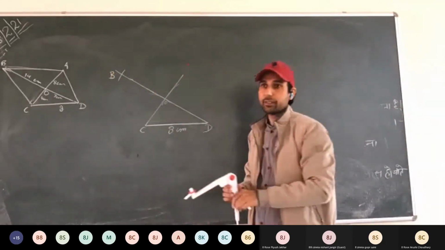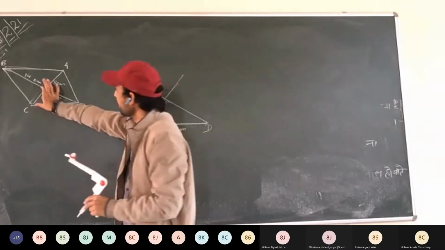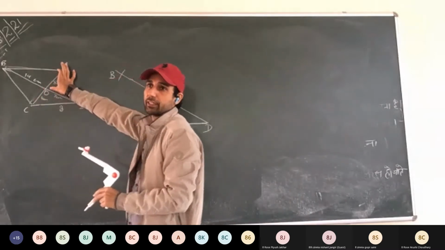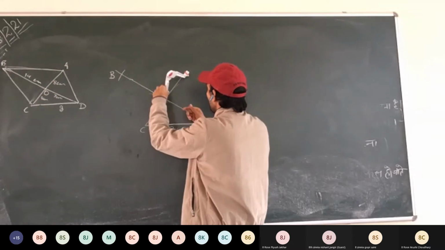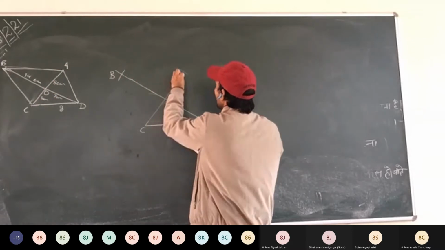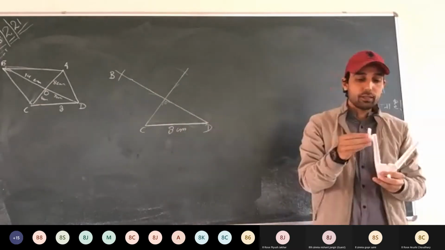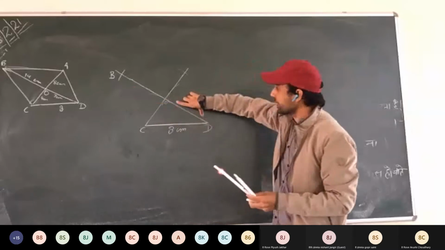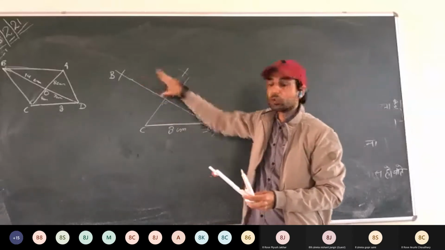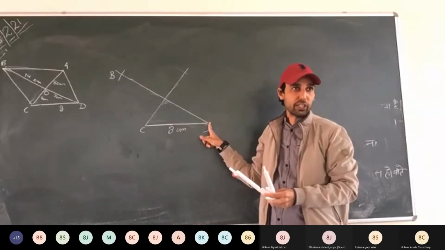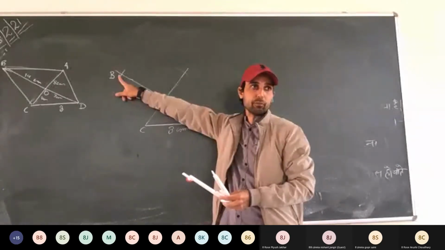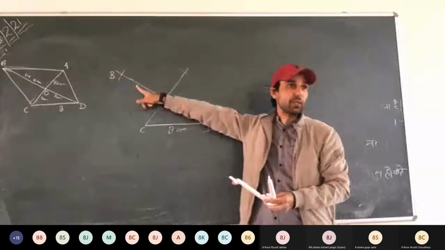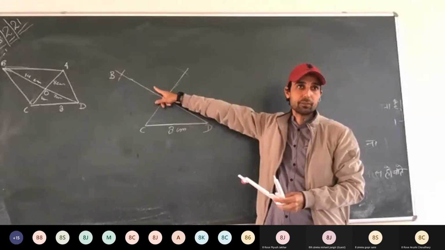Now A we have to find. 4 centimeters, 4 centimeters. B is 7 centimeters, 7 centimeters. So total from D is how far? 14 centimeters. This total length DB has to be 14 centimeters.